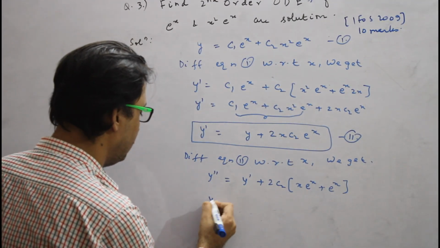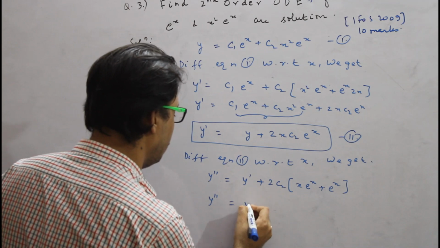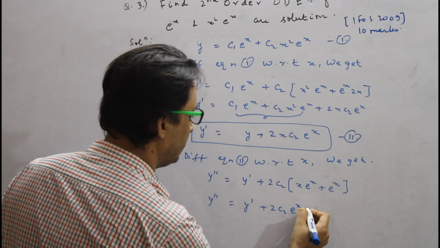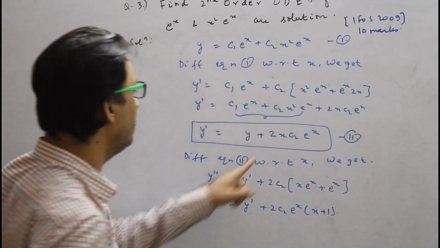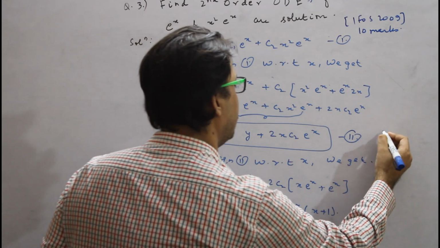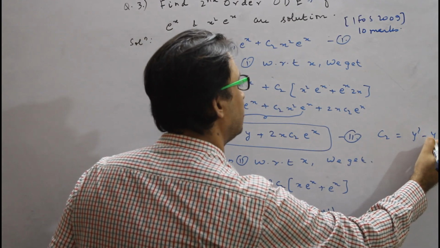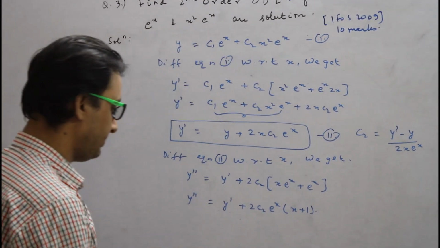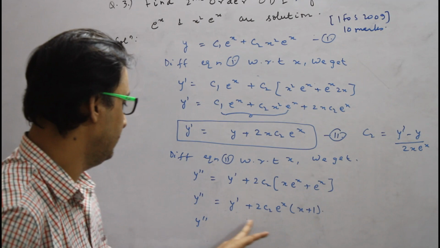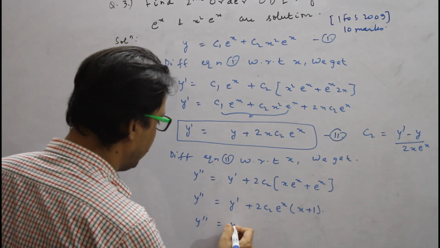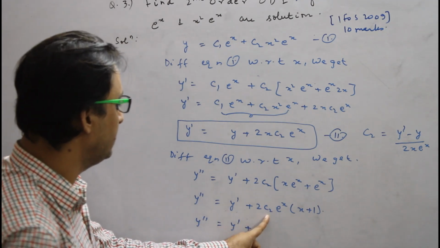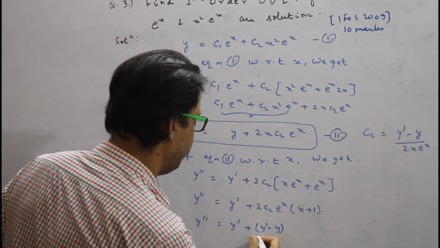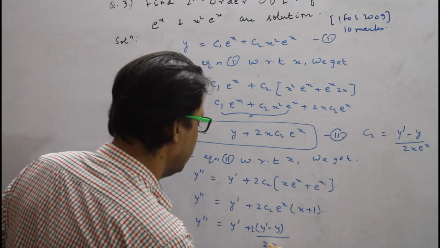So I am getting y double dash is equal to y dash plus 2c2 e to the power x common. Now I am going to use this c2. I can say c2 is equal to (y dash minus y) divided by 2x e to the power x. So I can use this here. So y double dash is equal to y dash, in place of 2c2, I can write (y dash minus y) divided by 2x.